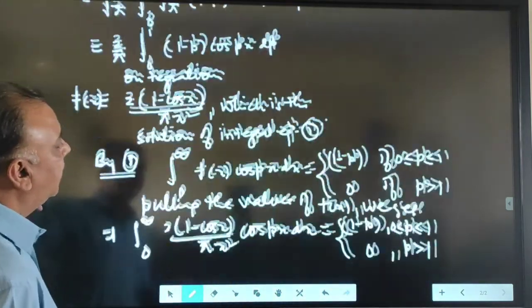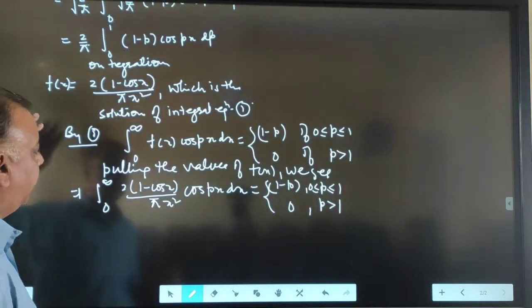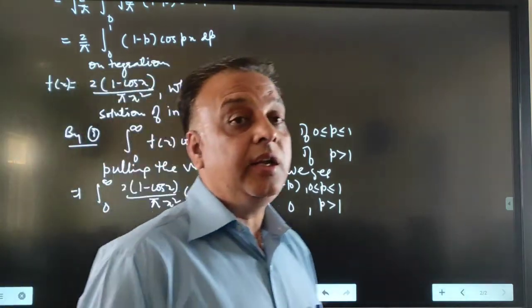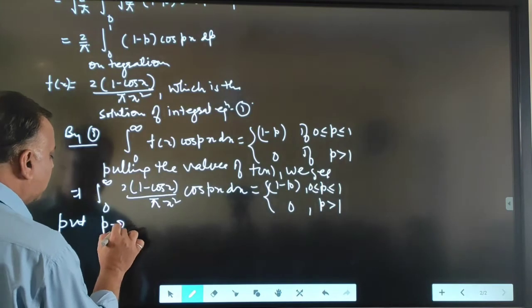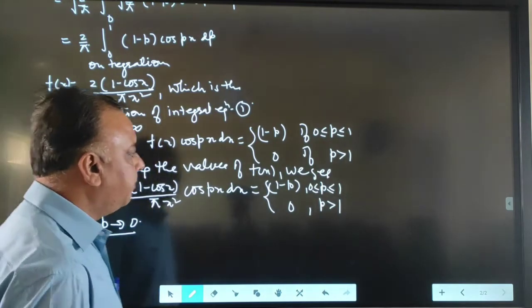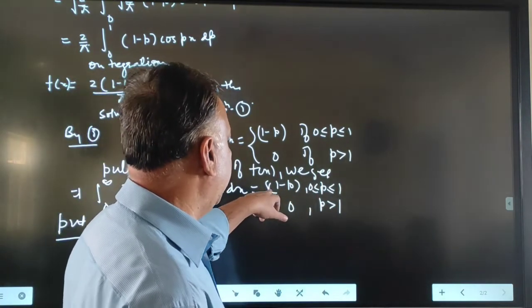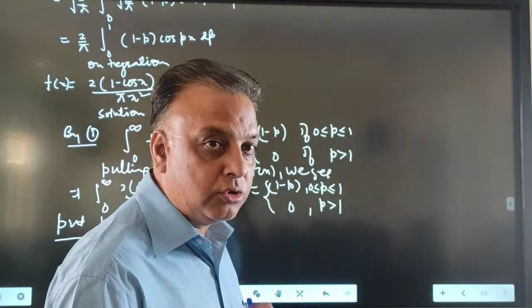We have used the value of the function f(x) in the given integral equation. Now if we put p tends to 0, then the value of the function 1 minus p, when p is equal to 0, is 1.